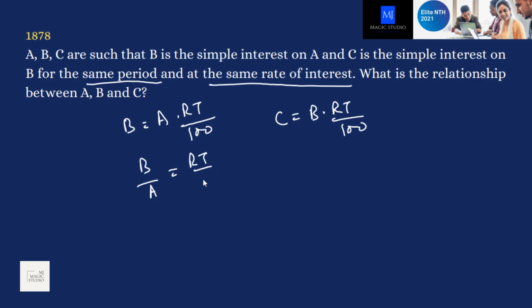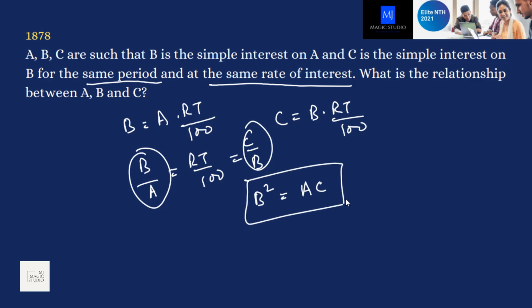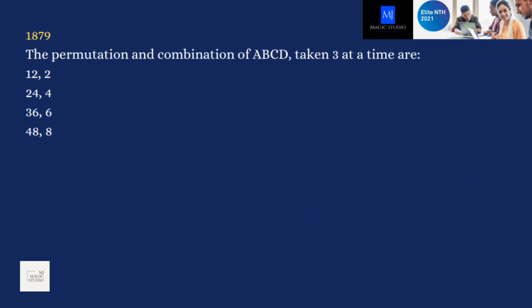From here we get B by A is RT by 100, which equals C by B, which is also RT by 100. So B by A equals C by B, or B square equals AC. That was option 3 on the screen. That also gives us instantly that A, B, C are in GP.